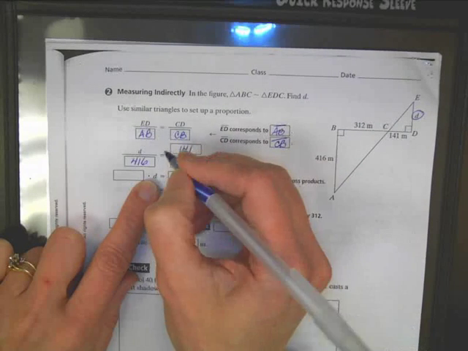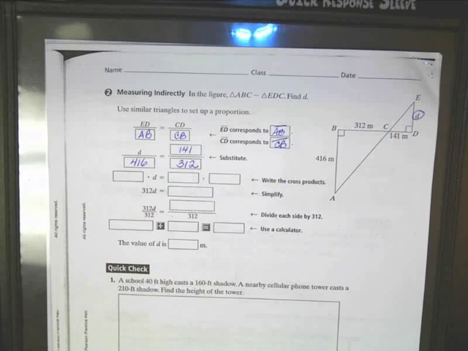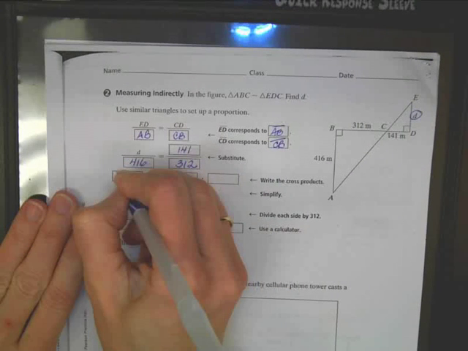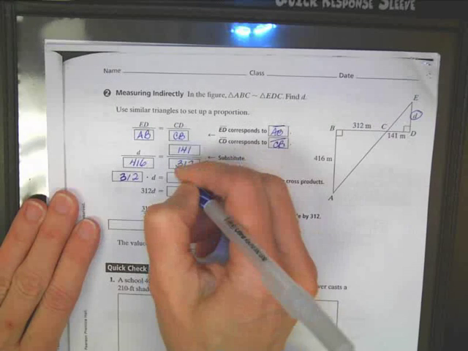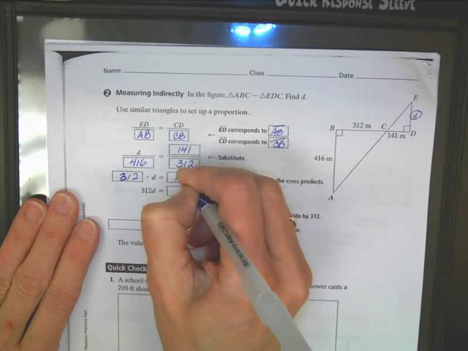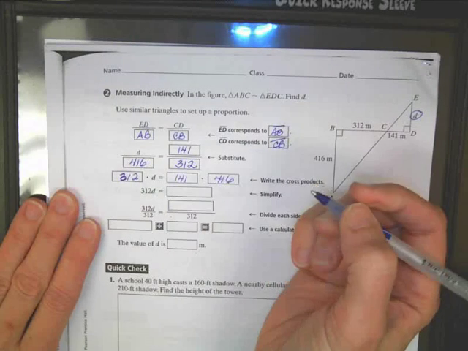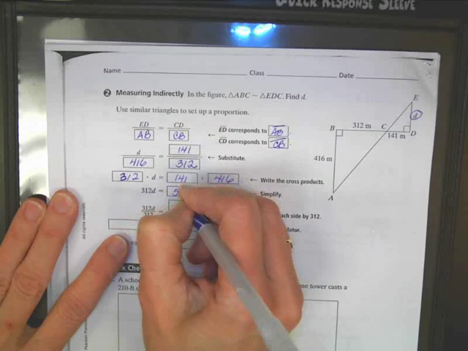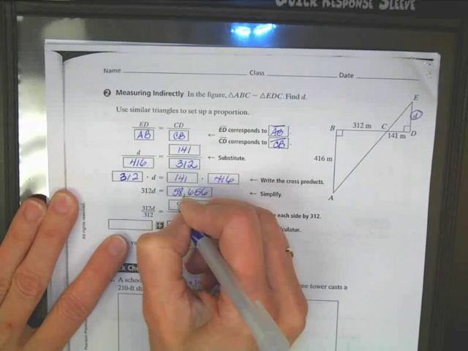And then the length of CB is 312 meters. So I set up my proportion, and now I'll solve using cross products. So I have 312 times D equals 141 times 416. So 312D is 58,656.